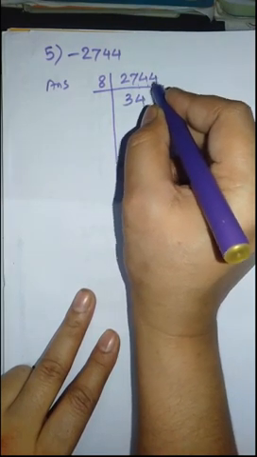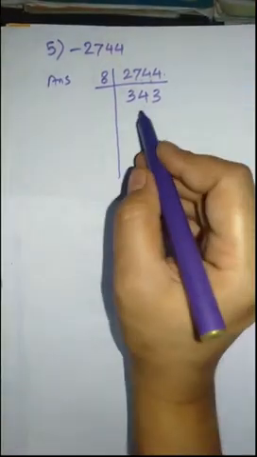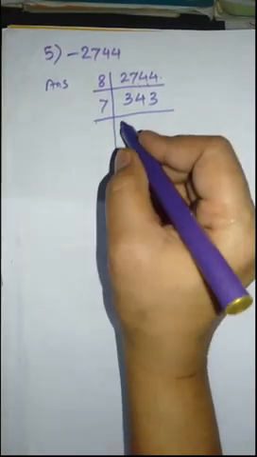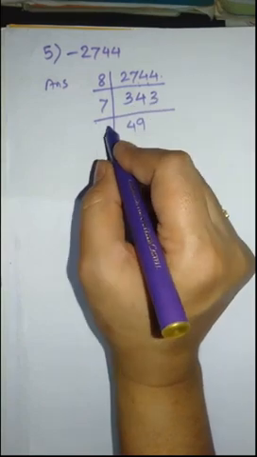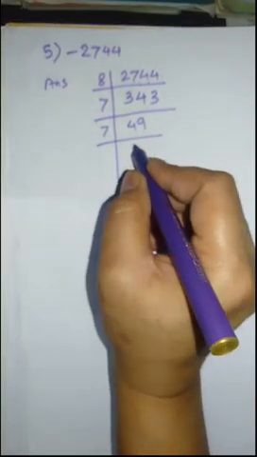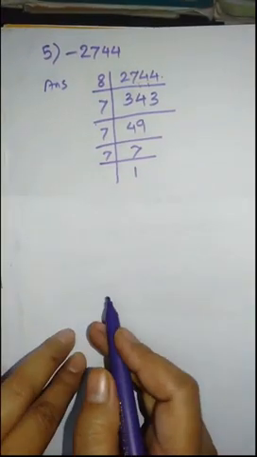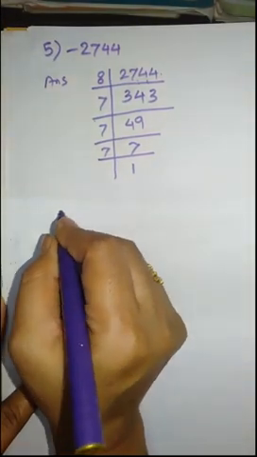So remaining number becomes 24. 8 3s are 24. And we know that 343 is the cube of 7 because we already solved it in the third question. So 7 49s are 343. So 7 7s are 49. 7 1s are 7. So write down the factors.